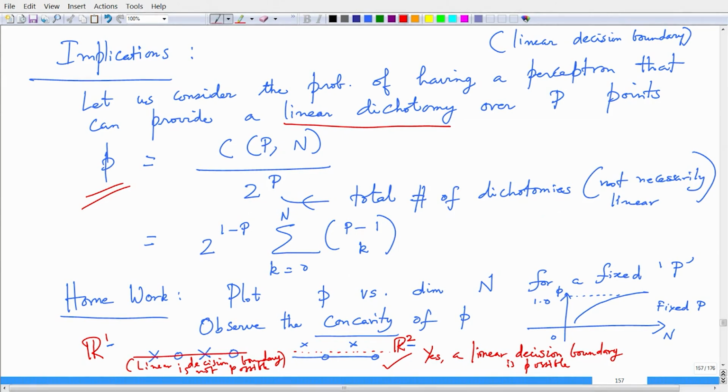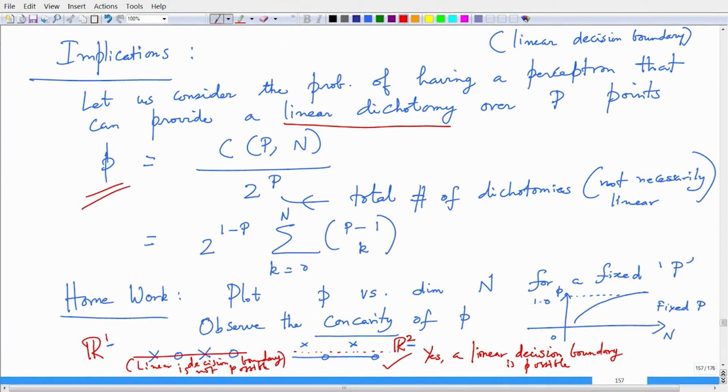If you think of all possible dichotomies, we have 2 power p possible cases, and C of p comma n is less than that. Simplifying, because we have the equation for C of p comma n, which is 2 times the summation from k equals 0 to n of (p minus 1 choose k), we get this probability to be 2 power (1 minus p) times the summation from k equals 0 to n of (p minus 1 choose k). So this is the probability of having a perceptron that can provide a linear dichotomy.